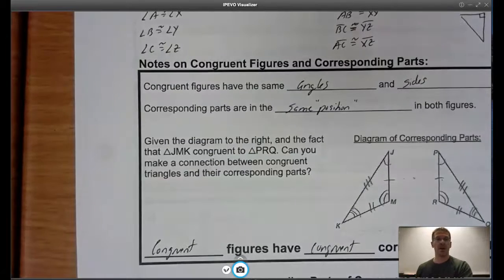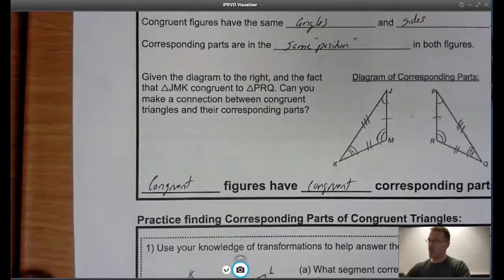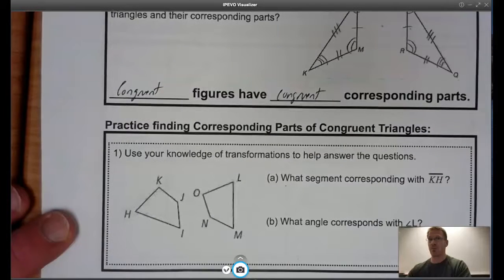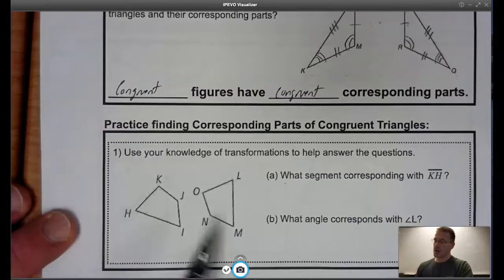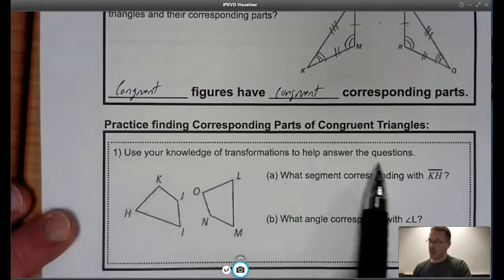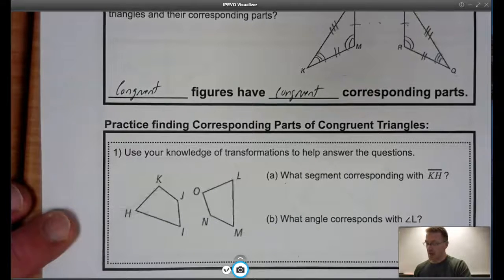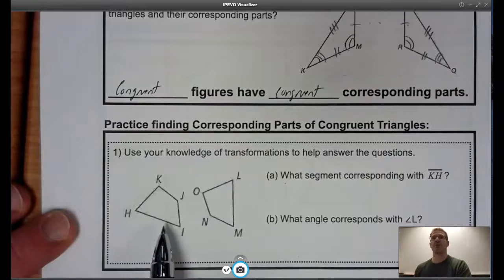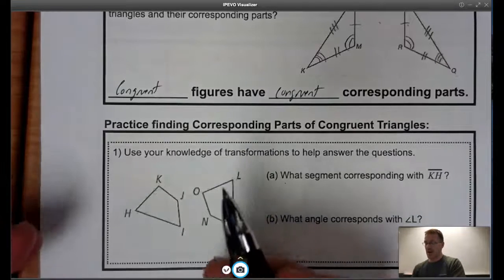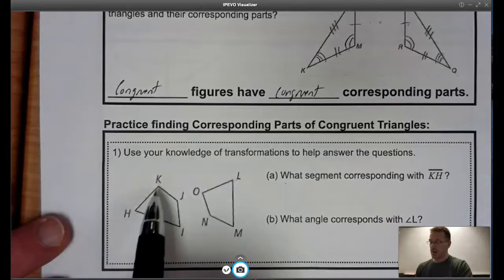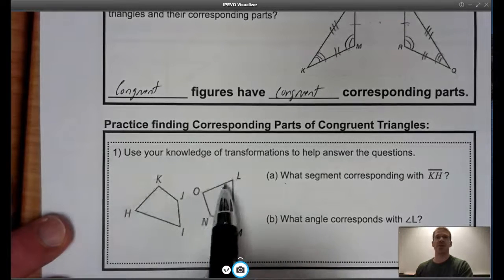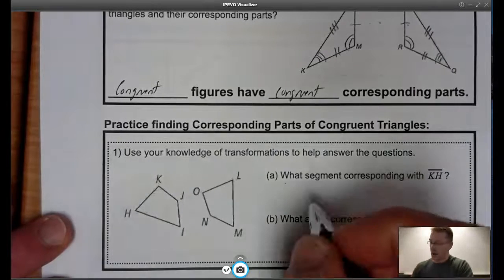Let's take a look at number 1 down here. Use your knowledge of transformations to help answer the questions. What segment corresponds to KH? This is what we mean by the same position. I have to look and see what KH corresponds to, and imagine if I had to flip and rotate KH, it would be in the same position as OL.